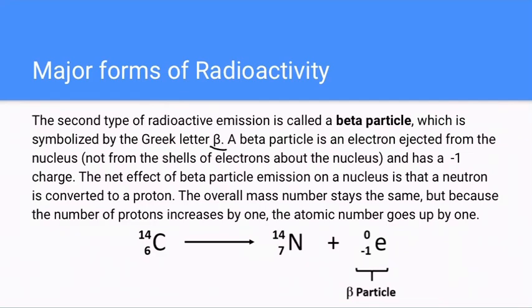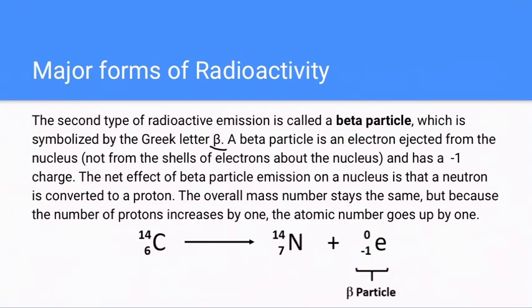The second type of radioactive emission is called a beta particle, which is symbolized by the Greek letter beta. A beta particle is an electron ejected from the nucleus and has a -1 charge. The net effect of beta particle emission on a nucleus is that a neutron is converted to a proton. The overall mass number stays the same, but because the number of protons increases by 1, the atomic number goes up by 1.